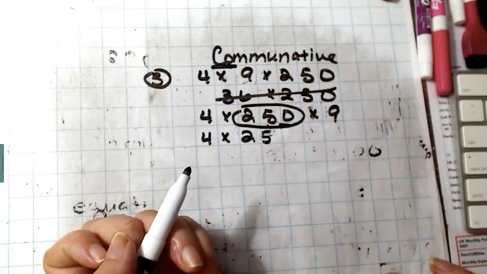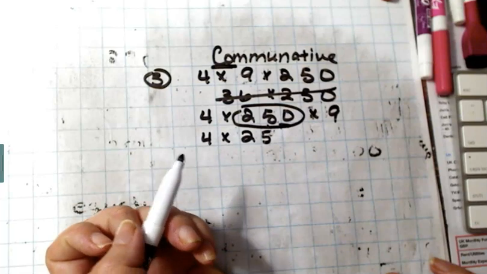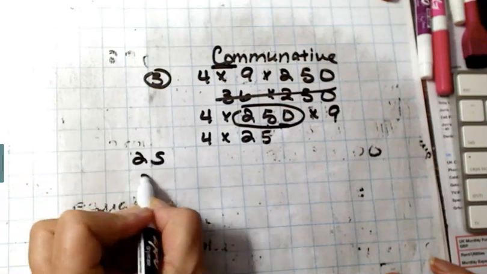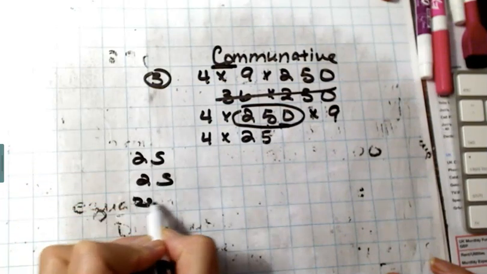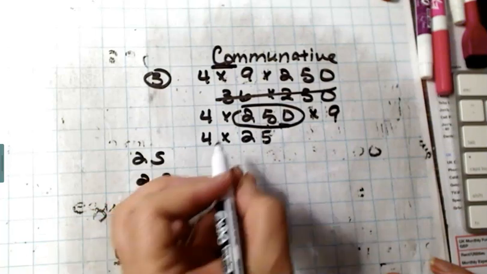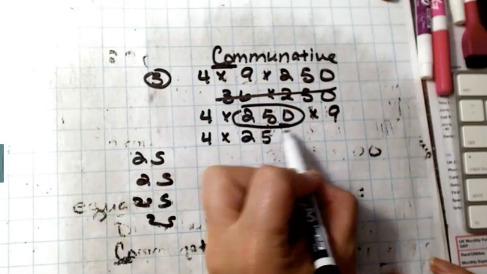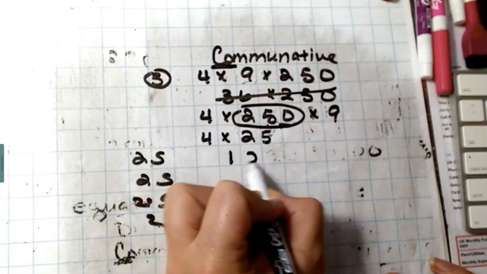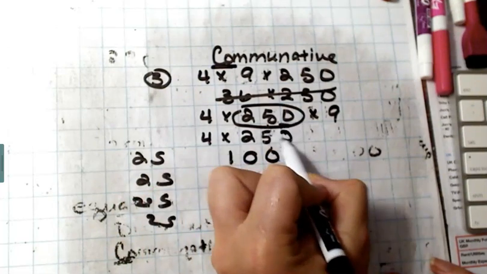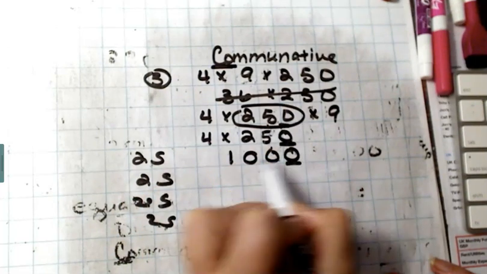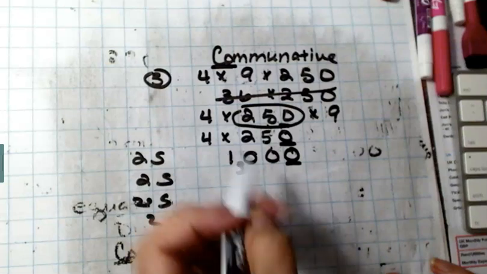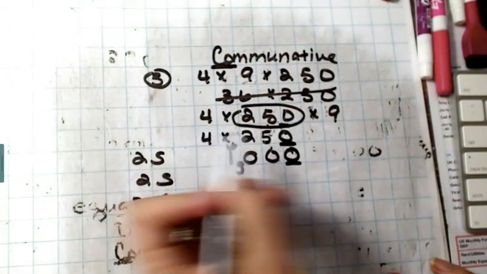Well, what's 4 quarters? What's 4 25s? What's 25 plus 25 plus 25 plus 25? That's 100. So I know that 4 times 25 is 100. And then if I add that 0 to it, it is what? 1,000. So 4 groups of 25 was 1,000.